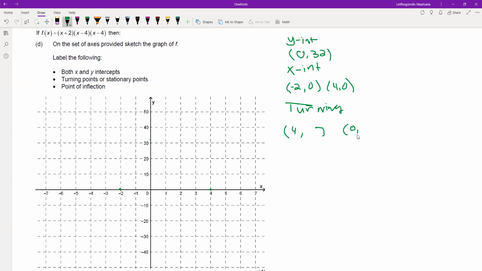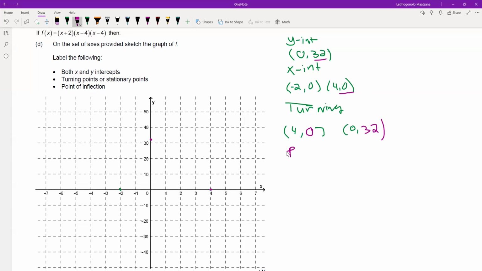So what we require now is the y values of these. We can substitute them in to find what they will be, but you can see from your x-intercept that the y value here would be 0, and from your y-intercept that the value here would be 32. So that point over there is your turning point, and that point over there is also a turning point. Then they want us to find the point of inflection.